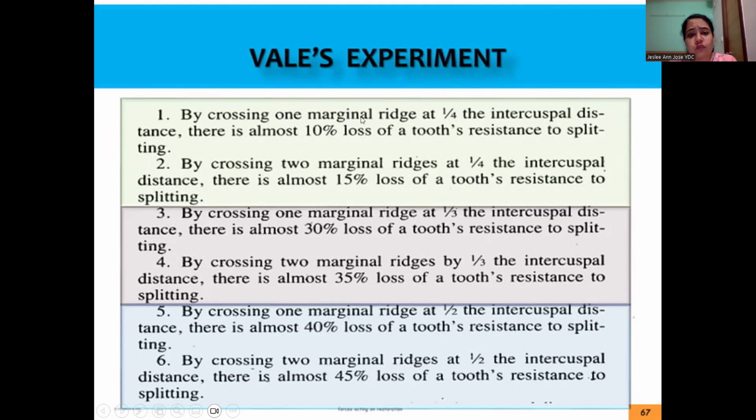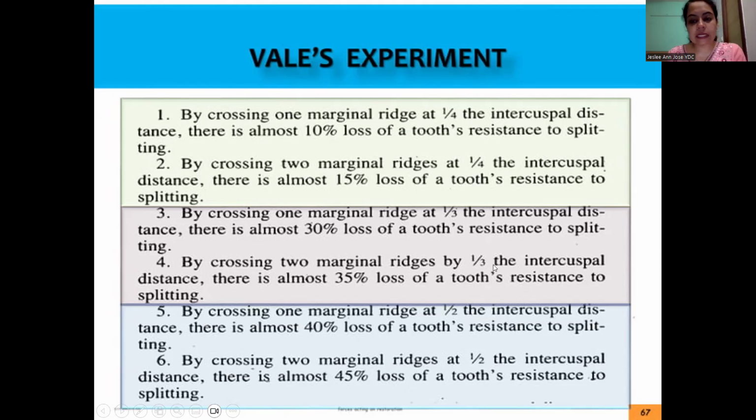When you involve one marginal ridge in a conservative cavity preparation, with 1/4 of the intercuspal distance, you are compromising almost 10% of the tooth's resistance to splitting. Again, when you cross over the second marginal ridge, you are further decreasing it to 15%.